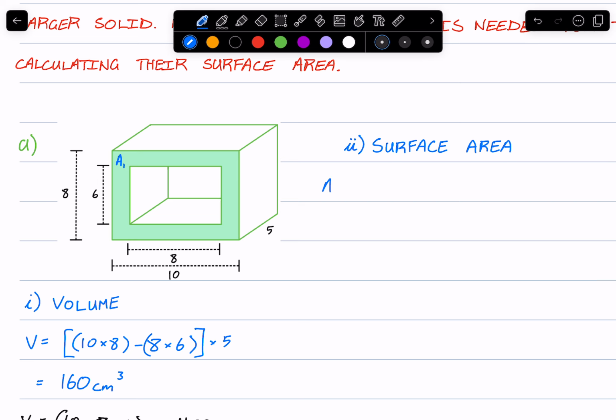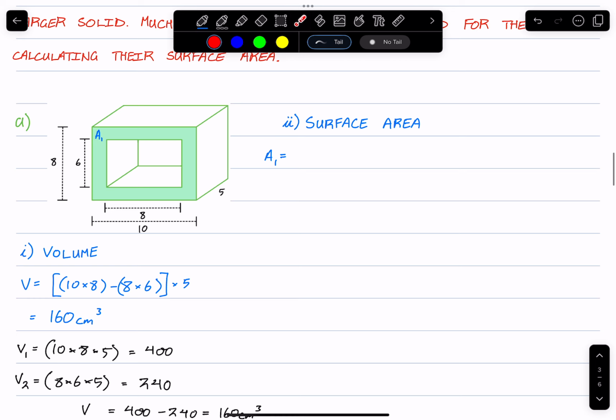So area 1 is going to be the large rectangle, which was 10 times 8, and this is going to subtract by the smaller rectangle, which is 6 by 8.